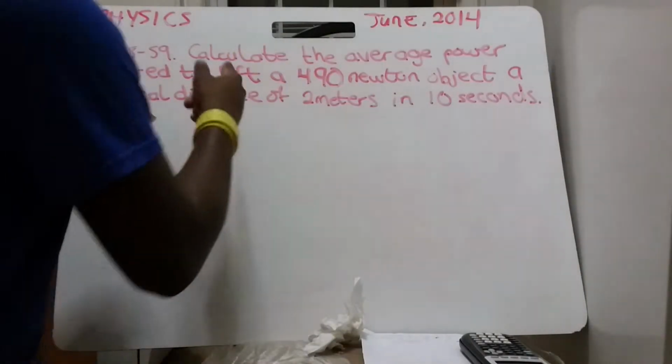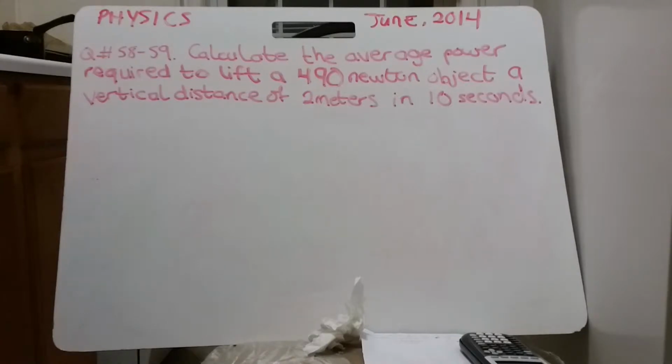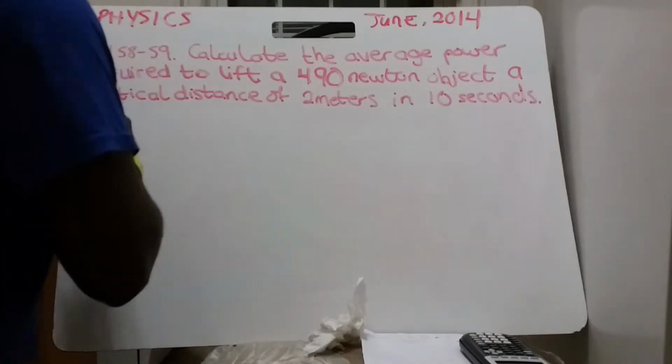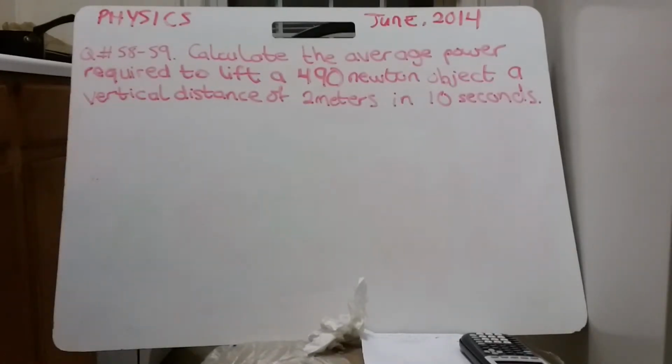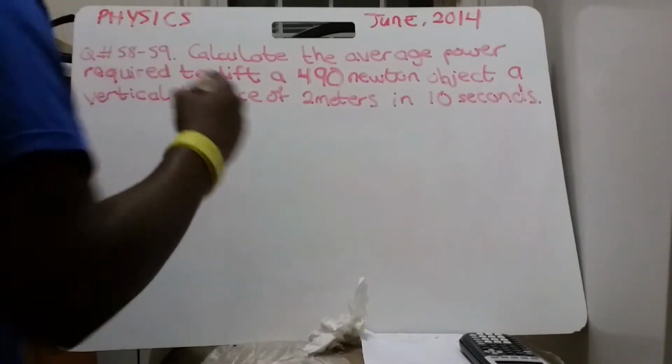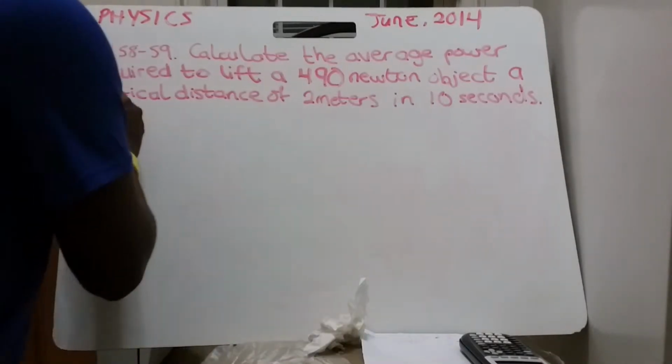So, calculate the average power required to lift a 490 Newton object a vertical distance of 2 meters in 10 seconds. In this question, we have a lot of information given. So let's first try to write what we have.